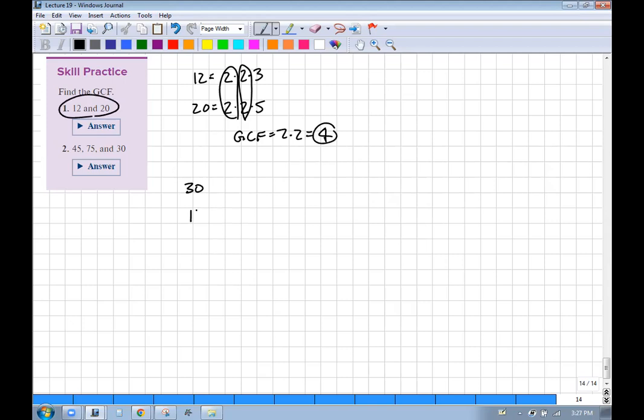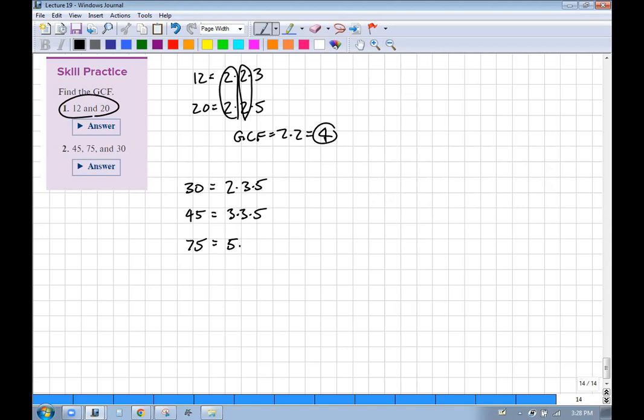We've got a 30, a 45, and a 75. All right, 30 is 2 times 15. 15 is 3 times 5. 45 is what? 9 times 5. 75 is what? 5 times 15, right? Because 20 times 5 would be 100.